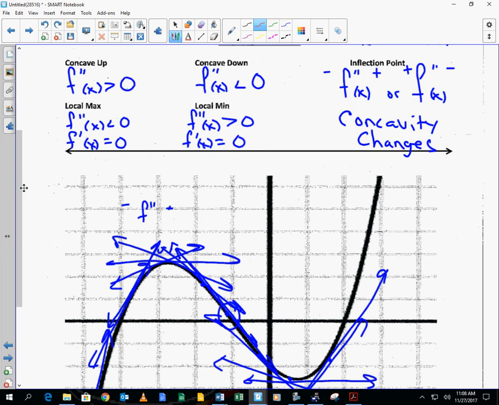Now, I like to mark these out with number lines, okay? And you don't have to write this down, but just to give you an idea. This is about where the first derivative is equal to 0, and right about here the first derivative is equal to 0 as well. So you would get positive here, negative here, and positive here, because you can see that it's increasing, on its way up, decreasing, on its way down, and increasing on its way up.